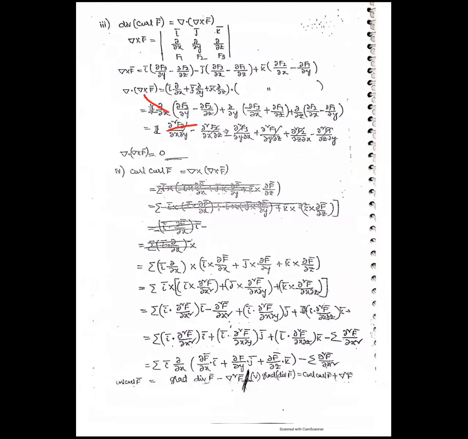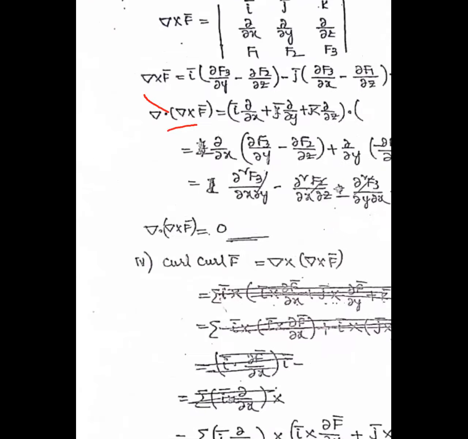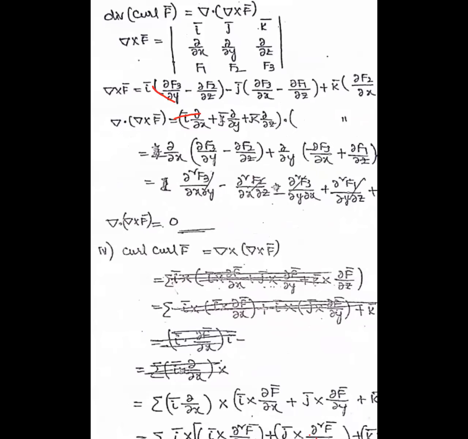So here we are multiplying i dot i, 1, and taking ∂/∂x of the first value, ∂f3/∂y minus ∂f2/∂z.